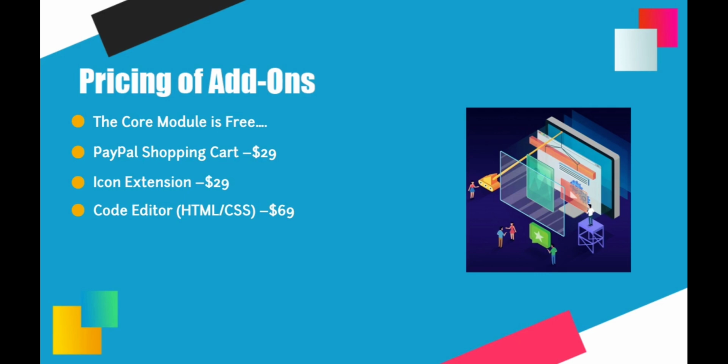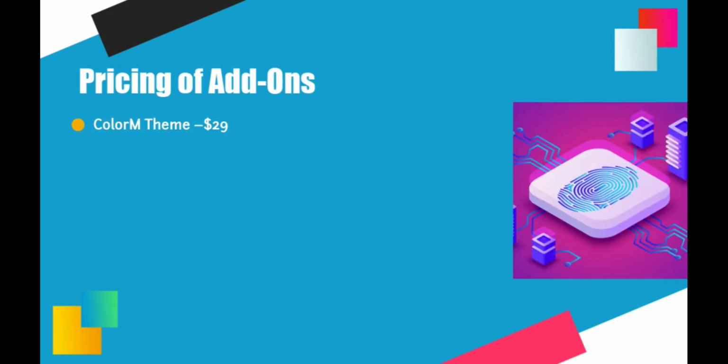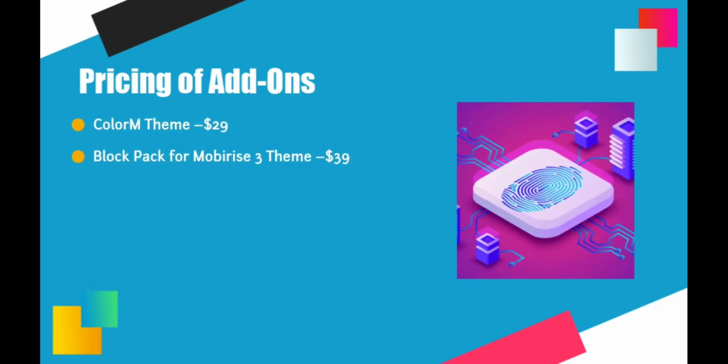There's a code editor. There are some other themes, right? There's some themes that they give you, DirectM, SpaceM, ColorM, other things like that. Then they've got a block of 3, and then they give you an image slider, right? So again, all of these things are extra. You don't have to have them, and you're going to see that here with Mobirise.